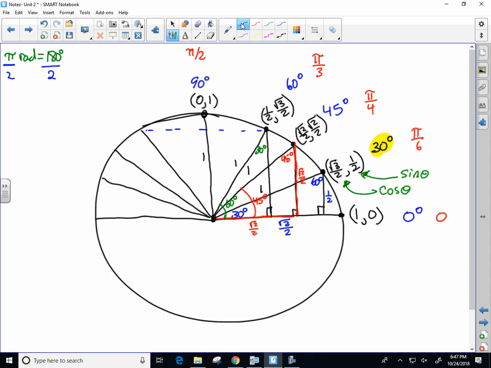So that's telling me that I'm looking at negative 1/2, comma, root 3 over 2, negative root 2 over 2, positive root 2 over 2, negative root 3 over 2, positive 1/2. And that's all because we're reflecting over the y-axis.